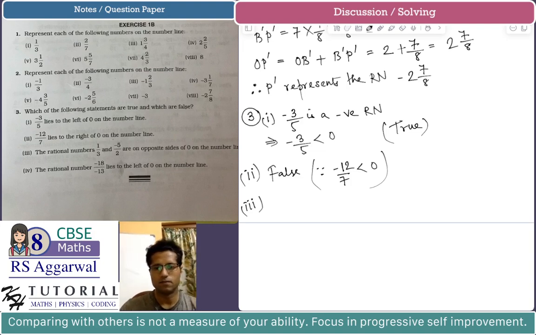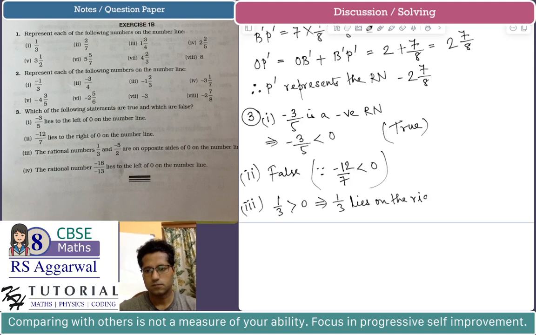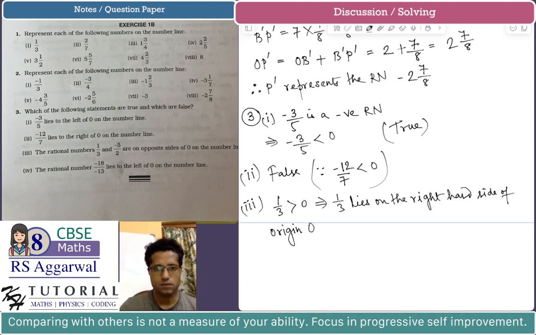Why? 1 by 3 greater than 0 implies 1 by 3 lies on the right hand side of origin O, whereas minus 5 by 2 is less than 0.